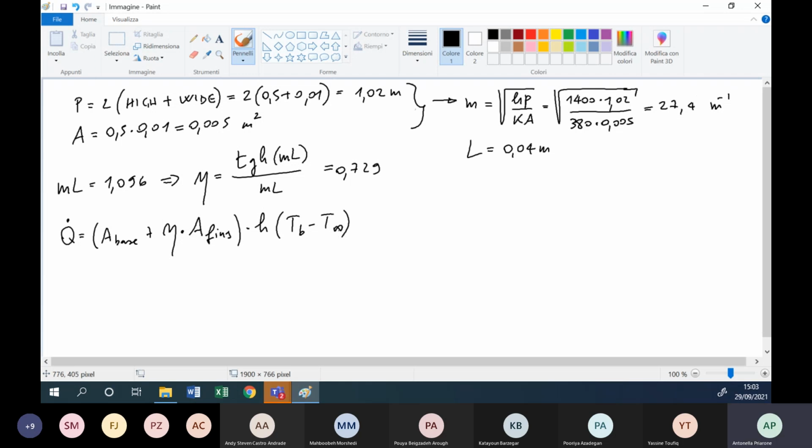I have to estimate the area of fins, this parameter here. And area of fins is equal to n, number of fins, by the area of one fin.